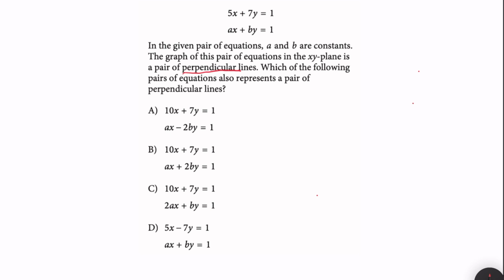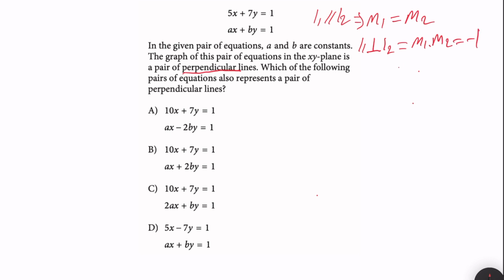So what do we know about perpendicular lines? We're talking about slope, right? If two lines are parallel, m1 is equal to m2. Let's say L1 is parallel to L2, then their slopes are the same. If L1 is perpendicular to L2, then m1 times m2 is equal to -1.